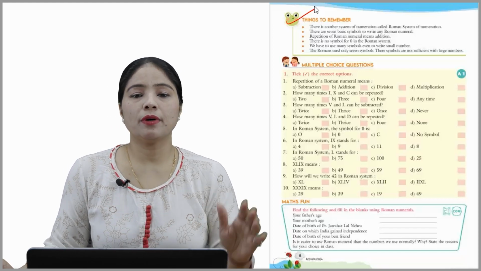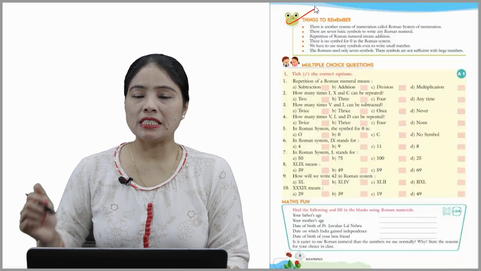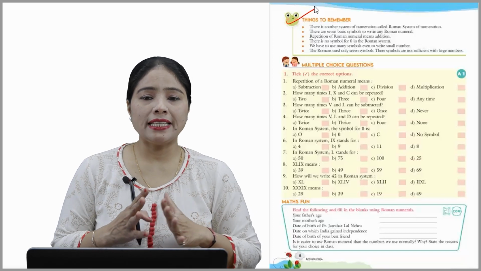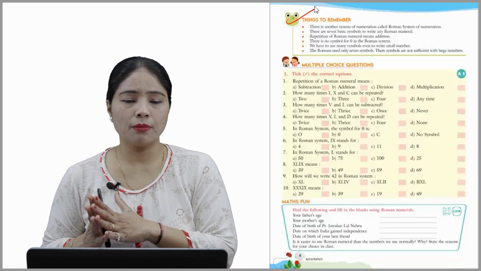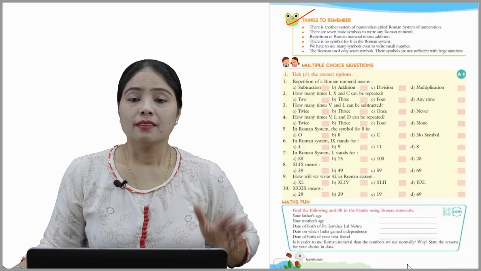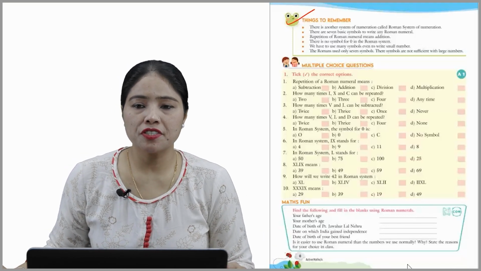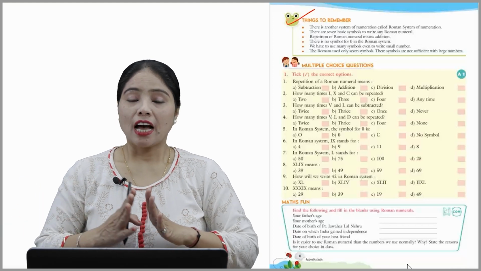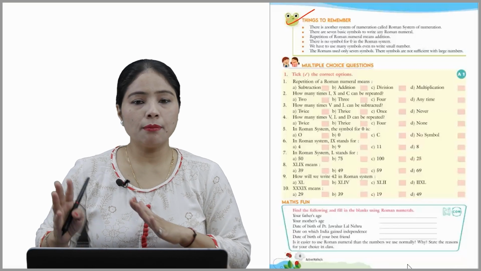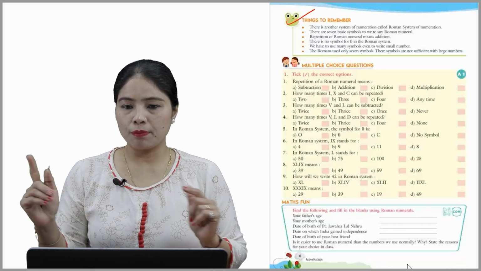There is no symbol for zero in the Roman system. Roman system में zero के लिए कुछ भी symbols नहीं है. We have to use many symbols even to write small numbers. So the Romans used only 7 symbols. Their symbols are not sufficient for large numbers beta. I hope you understood whole points very nicely. So now this is a multiple choice questions beta. You have to complete it on your own.